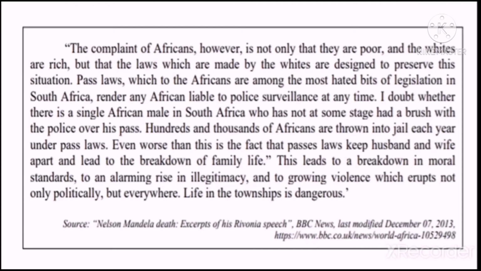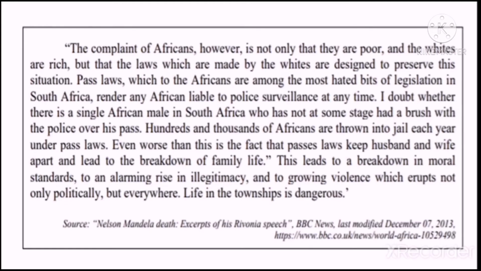The complaint of Africans, however, is not only that they are poor and the whites are rich, but that the laws which are made by the whites are designed to preserve this situation. Pass laws, which to the Africans are among the most hated bits of legislation in South Africa, render any African liable to police surveillance at any time. I doubt whether there is a single African male in South Africa who has not at some stage had a brush with the police over his pass.